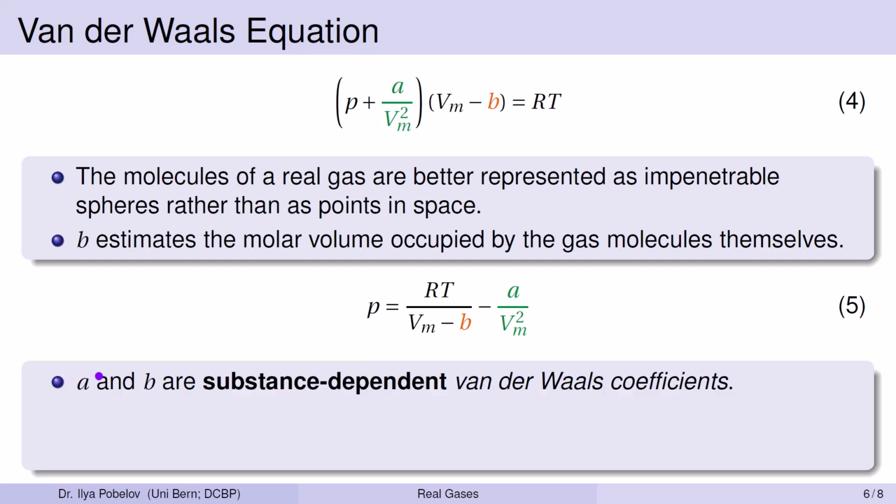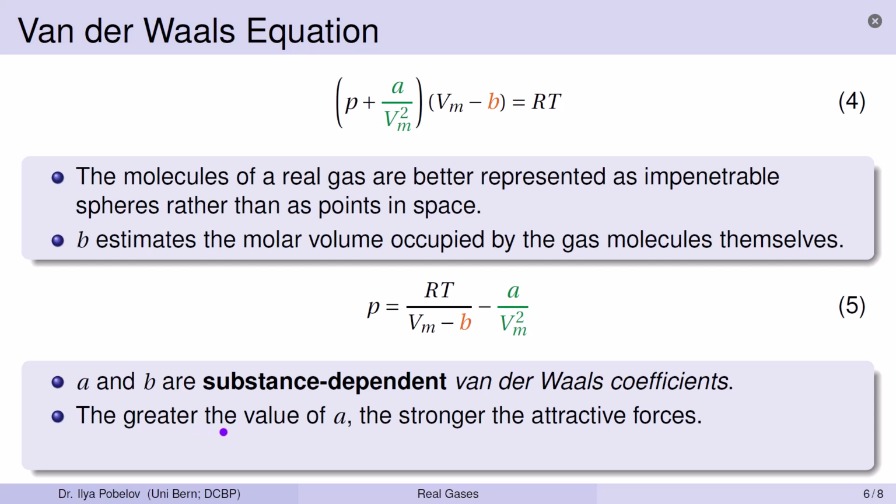The parameters denoted as A and B in the equation are van der Waals coefficients. For each gas, these parameters differ and need to be determined experimentally. They are taken to be independent of the temperature. In principle, A represents the strength of the attractive interactions between gas molecules.